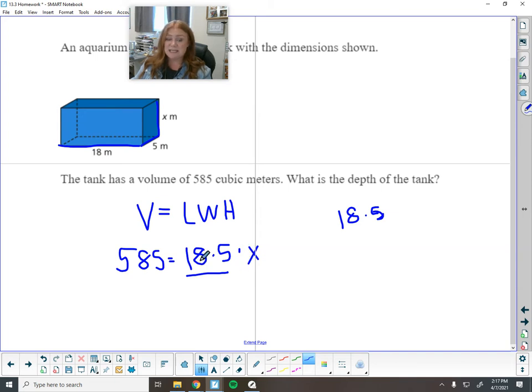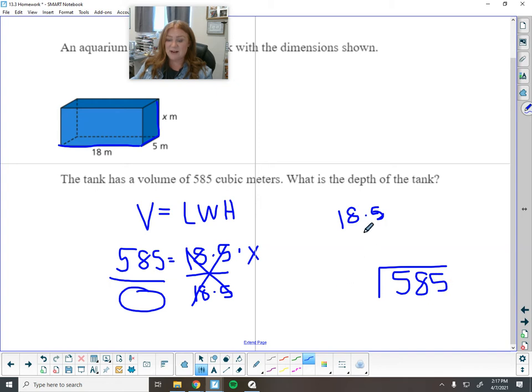So whatever 18 times 5 is, we are going to divide by that on both sides. So we'll divide by 18 times 5. And then we have to do it over here as well. So whatever 18 times 5 is, you're going to do 585 divided by this answer here to see how deep this tank is.